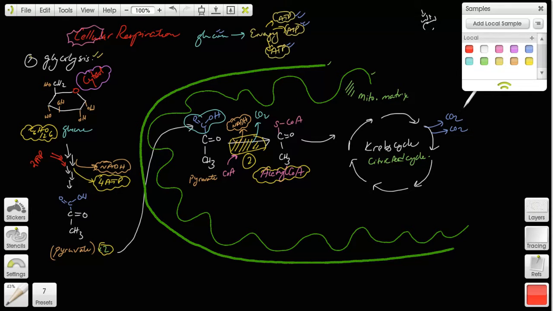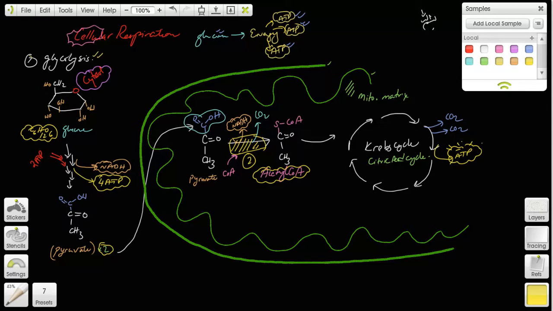So it's important to understand that 3 molecules of CO2 are released in total from here, but then you have to understand there were 2 pyruvates, correct? So a total of 6 carbon dioxides are released, which makes sense because glucose is a 6-carbon molecule. But that's a waste product of the Krebs cycle. What the Krebs cycle really gives us is ATP, which is the purpose of cellular respiration, to give us energy, right?